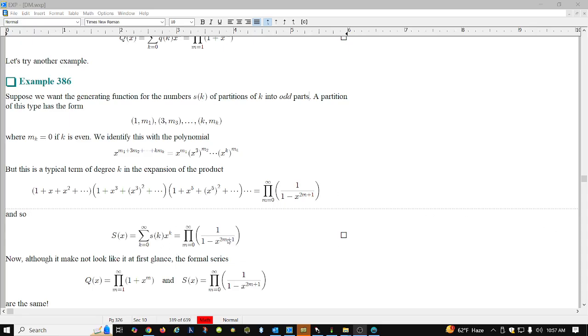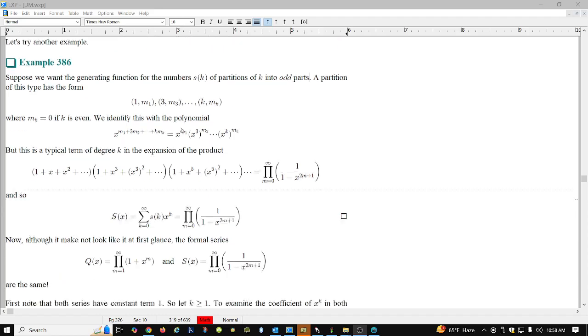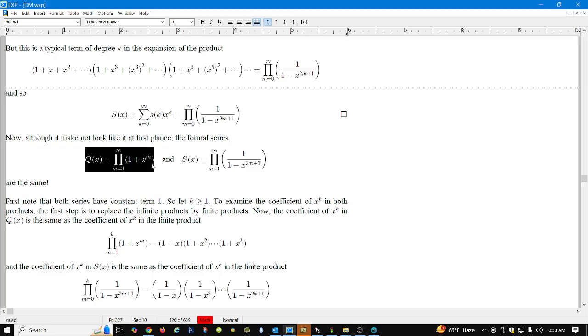So this is the generating function for the s of k's. So we have this generating function for partitions into distinct parts, and we have this generating function for partitions into odd parts. And here they are again.